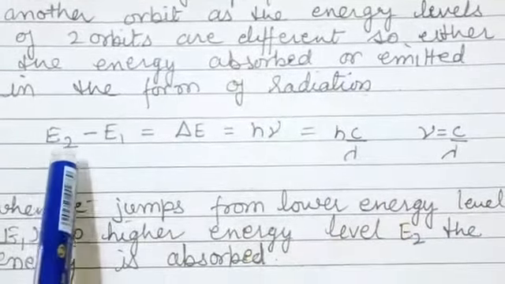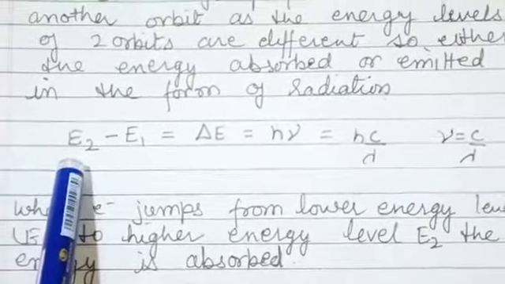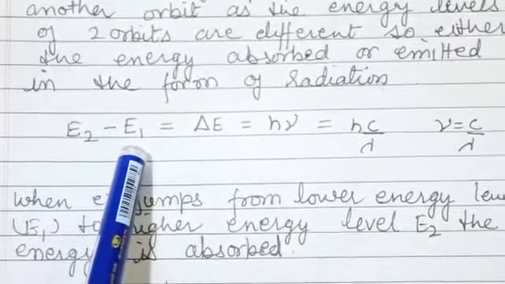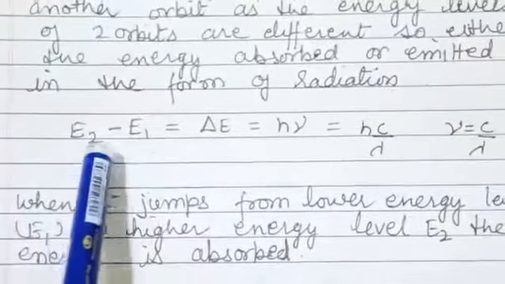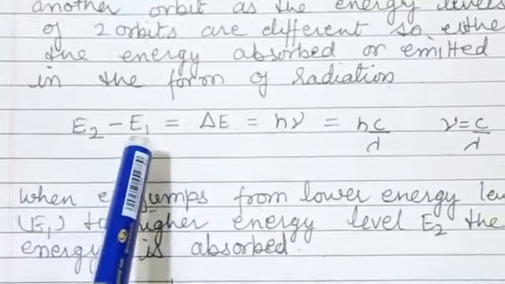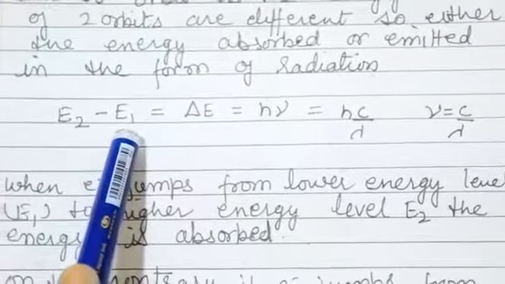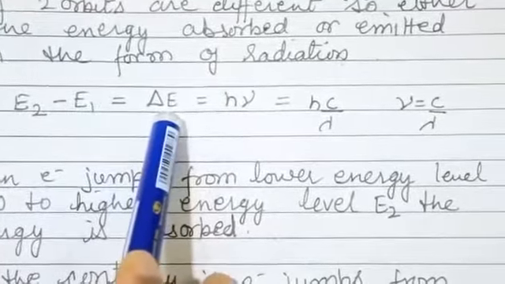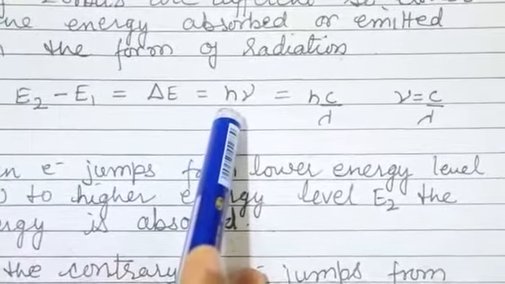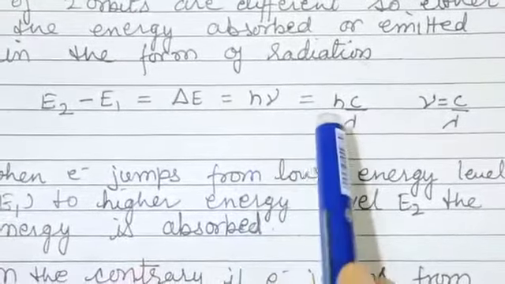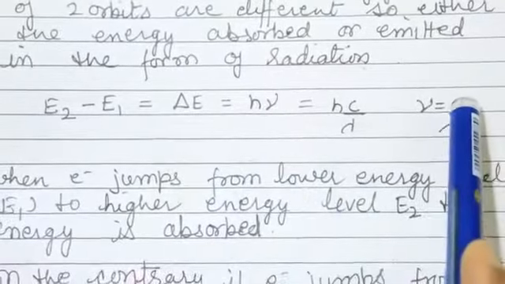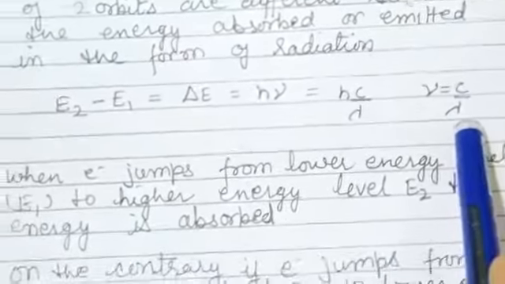For example, energy level 2 has a higher value as compared to 1. So when we subtract the energy levels of the two orbits, we get delta E equal to h nu. h is the Planck constant and nu is equal to c upon lambda.